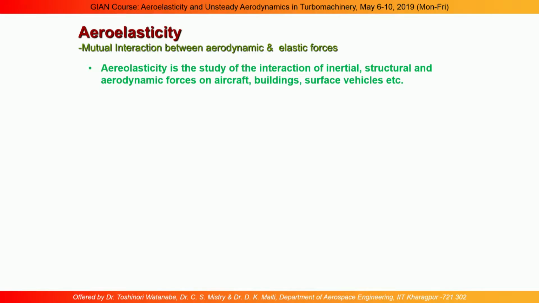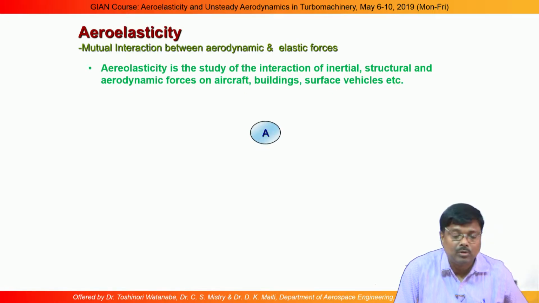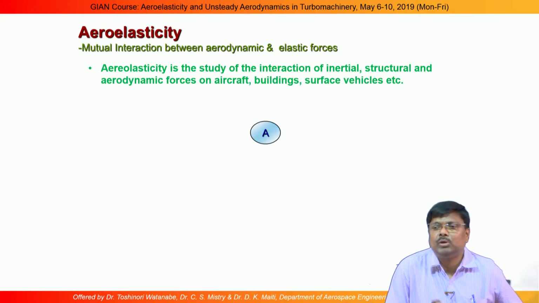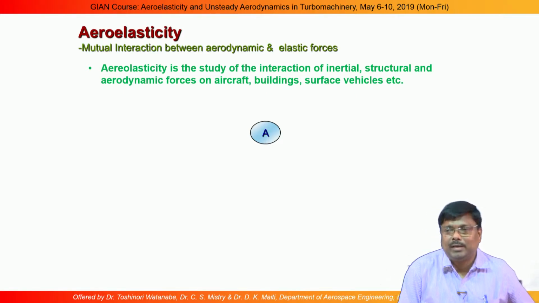I have considered an aircraft, but it may be a building or a surface vehicle, like a 4-wheeler or in the automobile sector. There are some structures which may be subjected to aeroelastic effects. It will be there, but we may ignore it, because it may not be that high. Let us consider what we call the aeroelastic triangle.